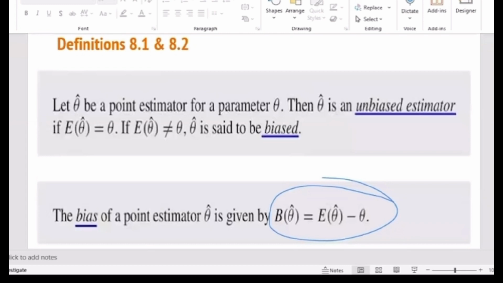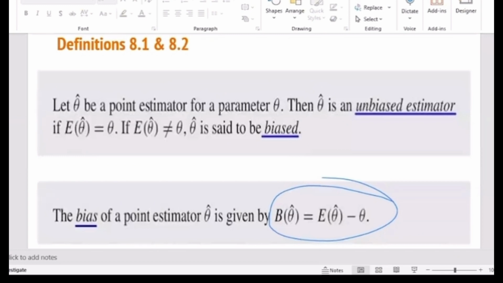That is the formula I'm going to use to investigate whether an estimator is biased or unbiased. When the bias of an estimator equals 0, then the estimator is unbiased. But when it is not equal to 0, meaning it could be negative or positive, then it is said to be biased. Does that make sense?